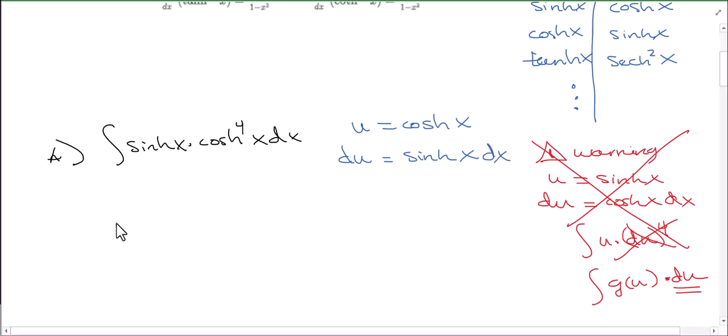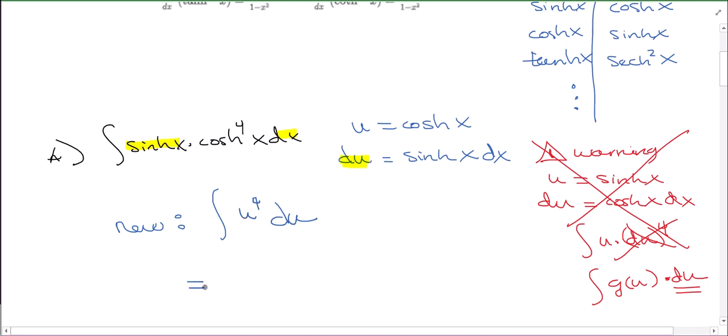So what is the new integral? The new integral becomes, let's see, our sinh x dx is du. So I'm going to have cosh to the fourth, so that is u to the fourth, and then sinh dx is du. And now this is something that I can do just by looking at it.